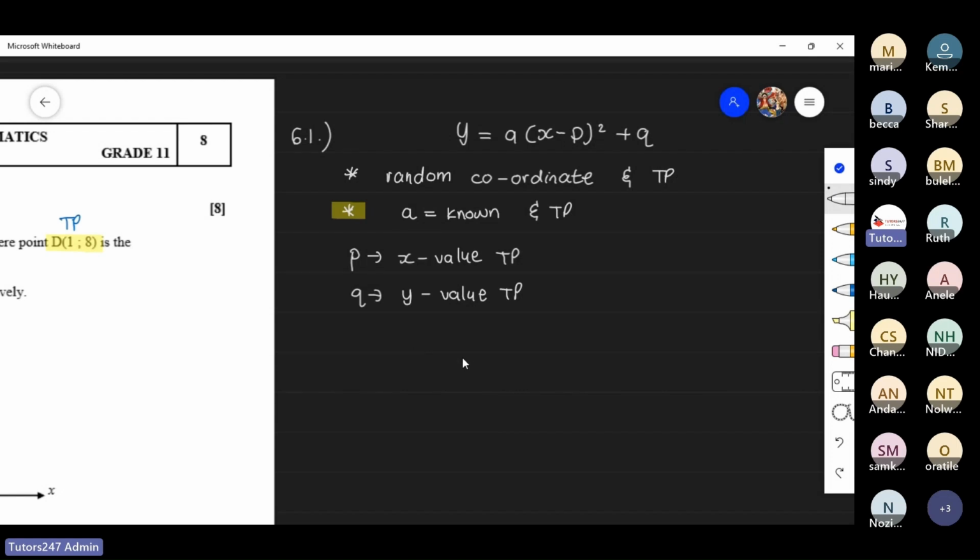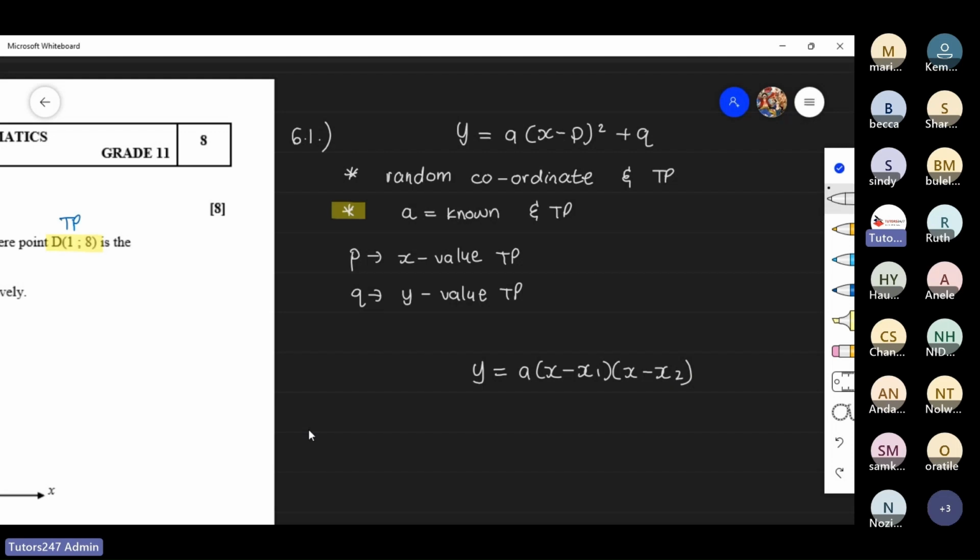So the next method that we are going to use is to utilize the x-intercept form. This is known as our x-intercept form because it makes use of x-intercepts.